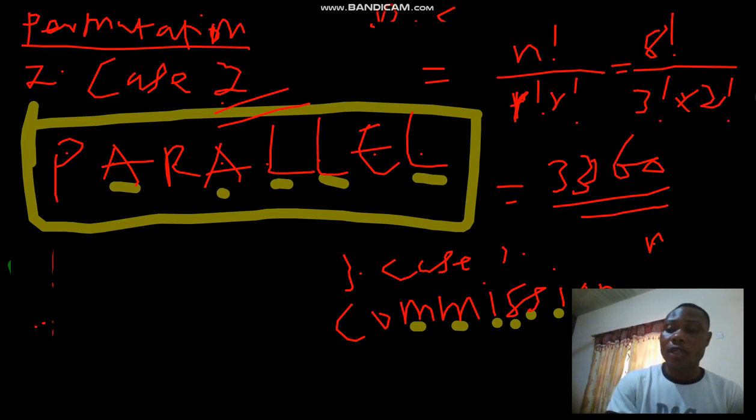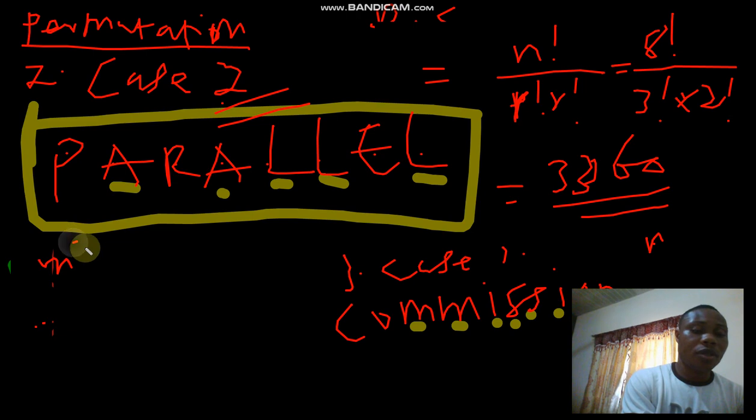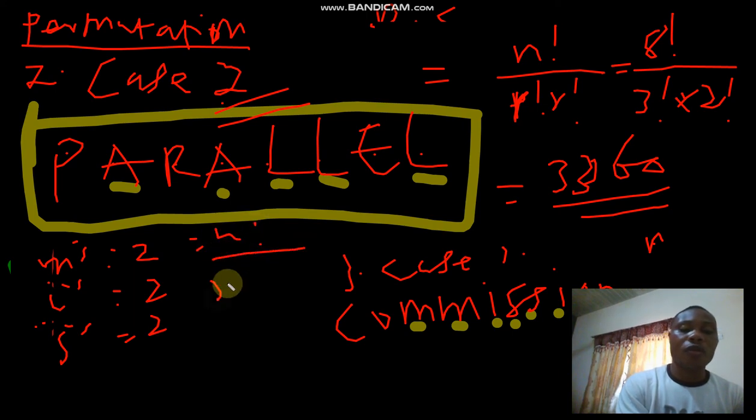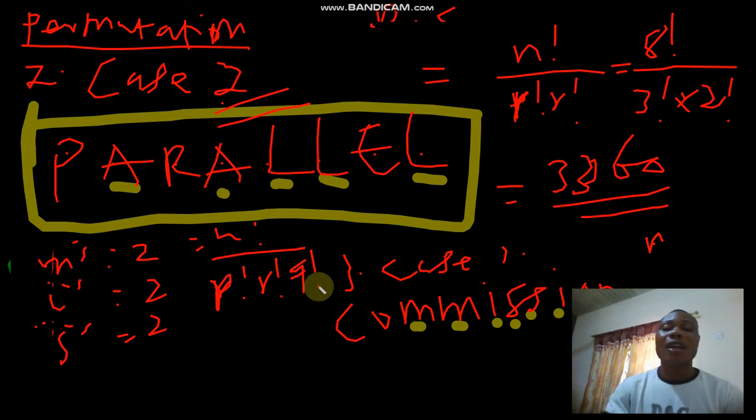So you are going to get your M's to be 2, your I's to be 2, and your S's to be 2. So you are just going to get N factorial over P factorial R factorial times Q factorial. So we have a word which has other letters being identical. You still multiply the denominator by that factorial, and that's what we are doing all this while.